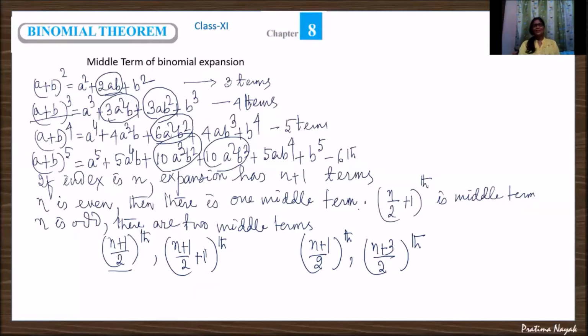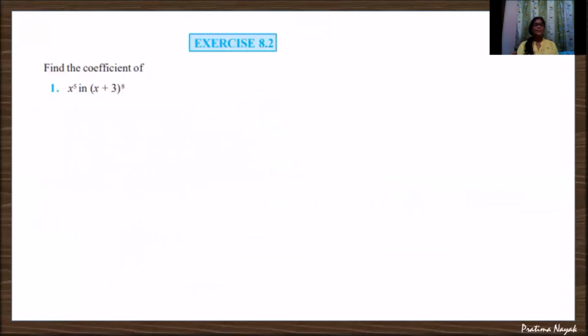So you remembered, note down, then we'll go for the exercise questions. First is: find the coefficient of x to the 5 in (x + 3) to the power 8. So let us write the general term here. T(r+1) is equal to nCr a to the power n minus r, b to the power r. That means whatever is the power of b, the same is in nCr.